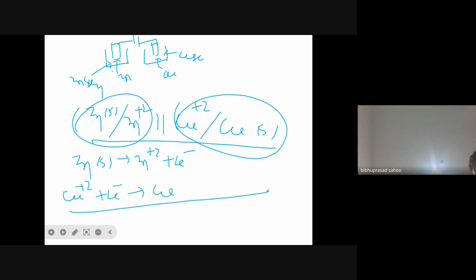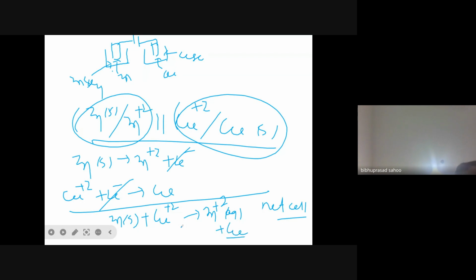What is the net cell reaction? These two electrons will cancel. Zinc solid plus Cu2+ aqueous gives Zn2+ aqueous plus copper. This is the net cell reaction.